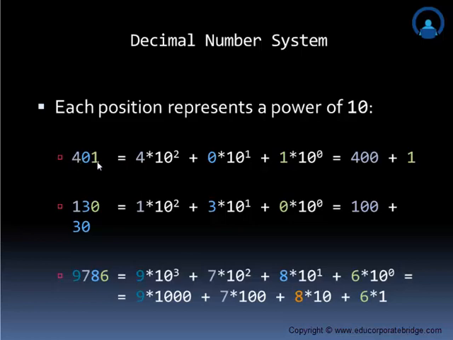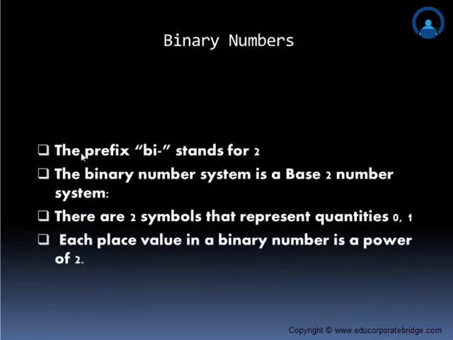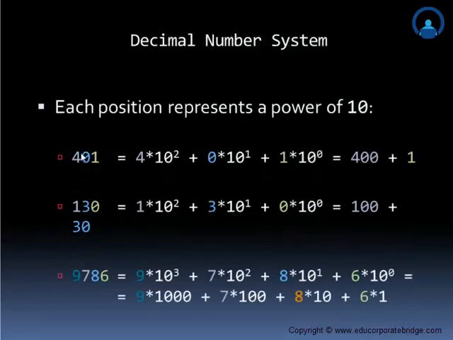So for this one, we multiply with 10 raised to 0. Since it's the 0 position, we have 1 into 10 raised to 0, plus 0 into 10 raised to 1, since its position is first, plus 4 into 10 raised to 2, since its position is second. That's why we have this 2.